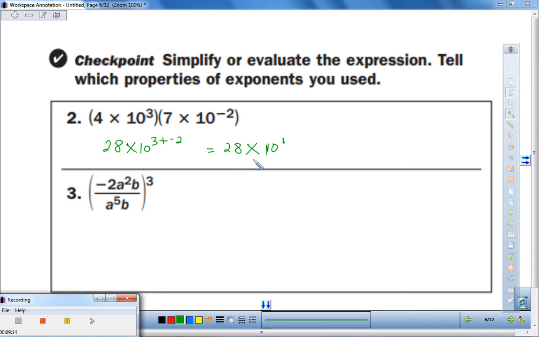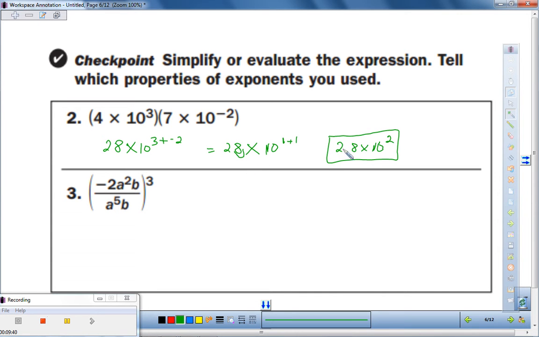Now this is not in scientific notation. Remember, scientific notation, we want one number in front of the decimal. So we can either move this over 1 and add 1 back here, so that we have 2.8 times 10 squared. Now this would be scientific notation.